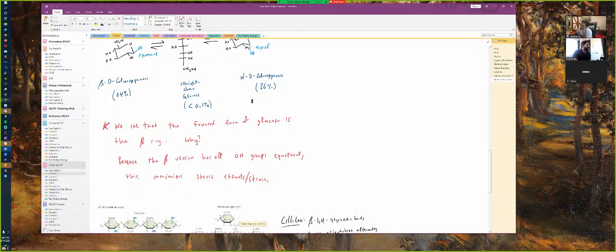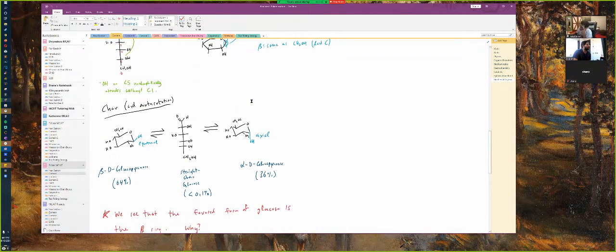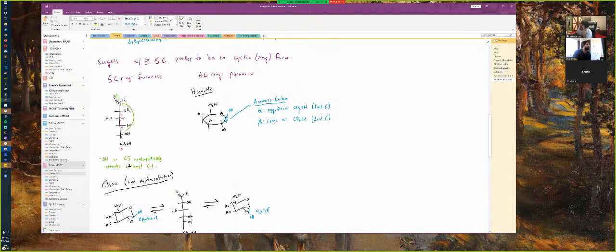Okay. So that says the OH on C5 nucleophilically attacks the carbonyl on C1 to make a 5-carbon ring. Now, if it was making a 6-carbon ring, it would be this one that attacks, number 6.